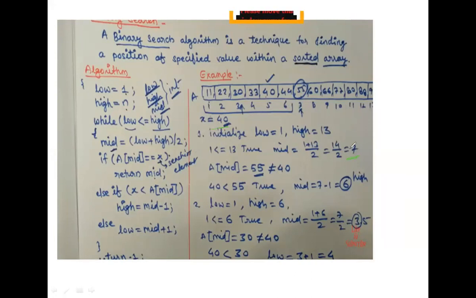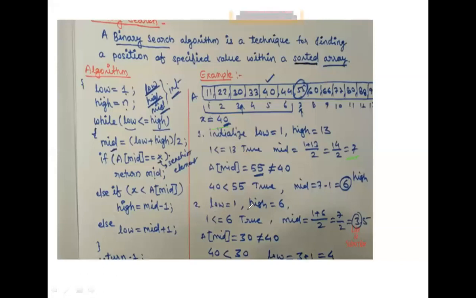If x is less than A of mid, and the condition is true, then high equals mid minus 1. Low is 1 here, and high is 7 minus 1, which is 6.